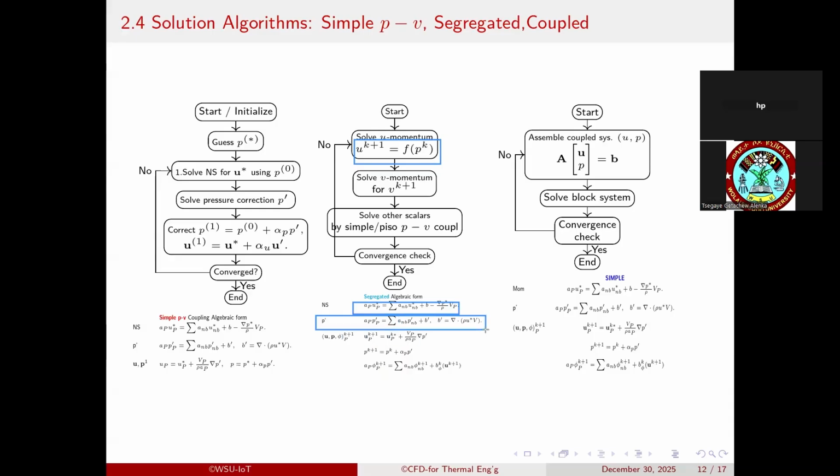First, given p^k, u^(k+1) is solved from the x momentum, then v^(k+1) is solved from the y momentum, etc. And the pressure correction is solved, using the SIMPLE pressure correction.